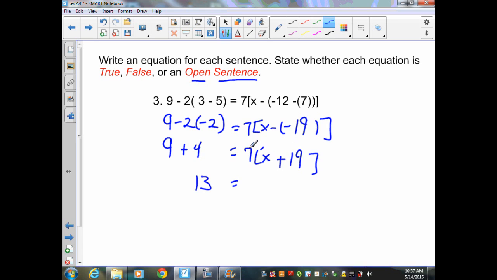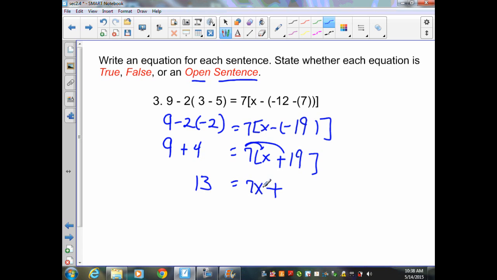And now I have to distribute because I cannot combine these. These are not like terms. We covered that in the last section. So I need to distribute. 7 times 1 is 7x. And I have a plus sign, or a positive, times a positive is going to give me a positive. And now I have 7 times 19.